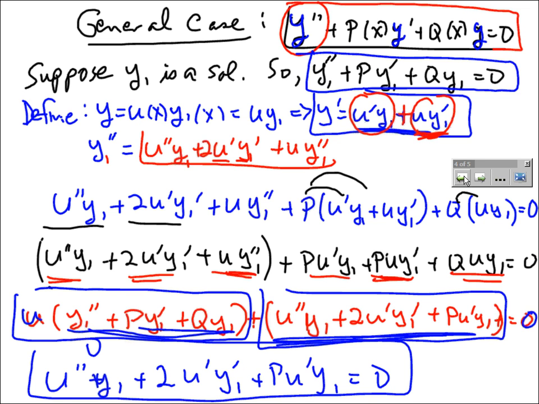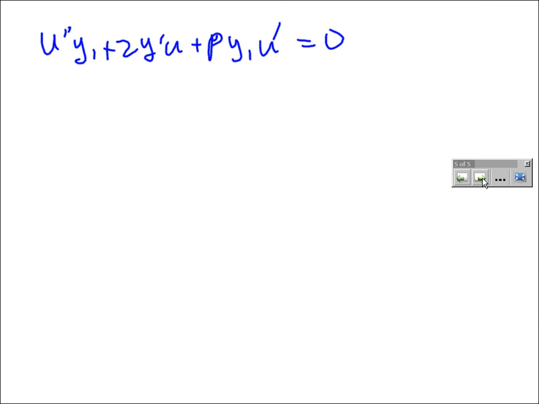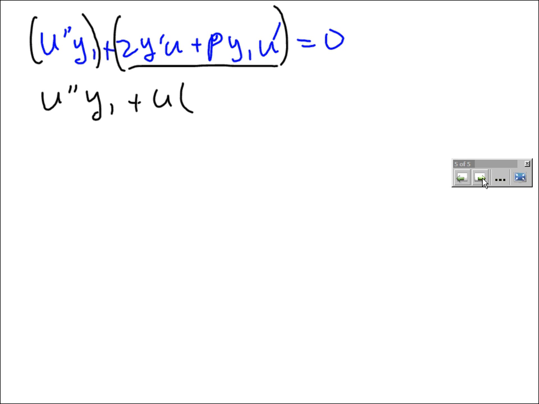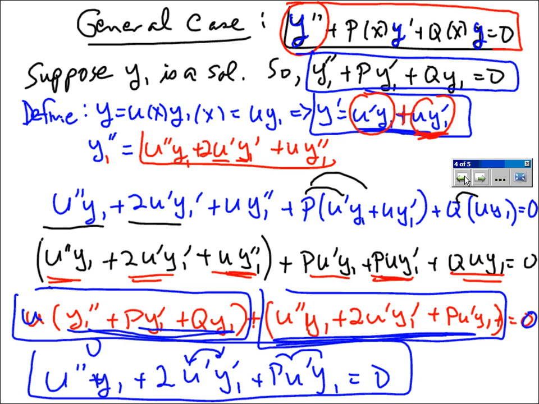Maybe I interchanged the u prime and the y prime, maybe the p, u prime, and the y are in a different order, but that doesn't matter. Now, what I can do here is group the u double prime and the u prime terms together. So I have u double prime y1, and in the second bracket, I'm going to factor out the u prime. So obviously I have a typo.